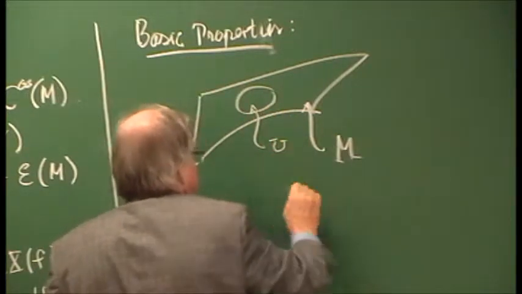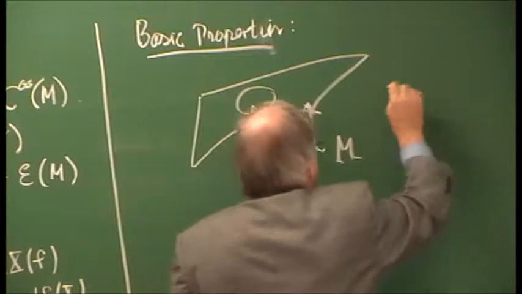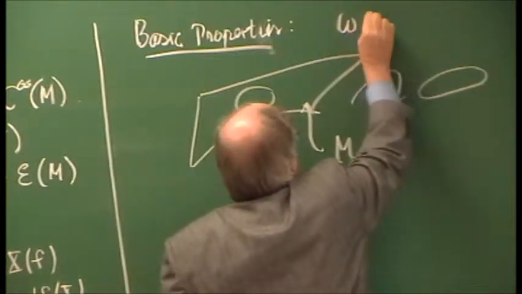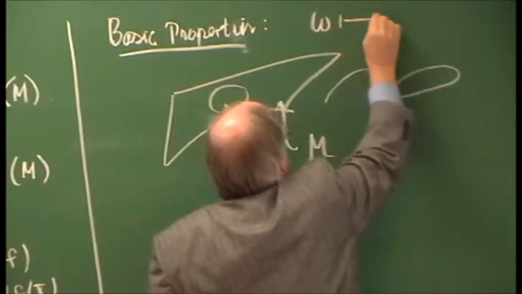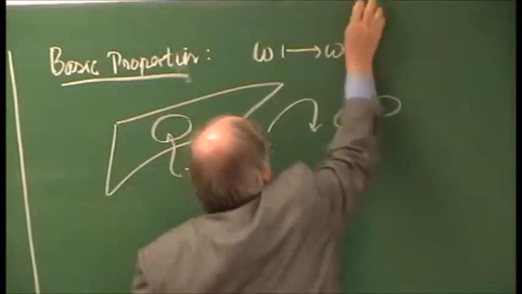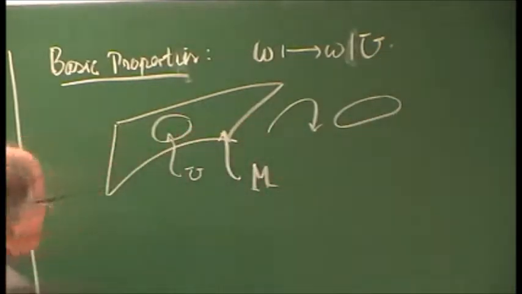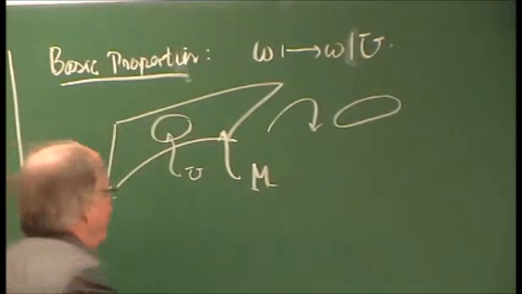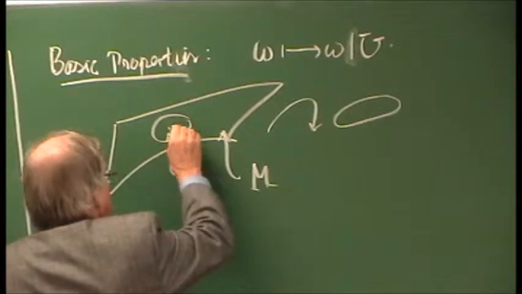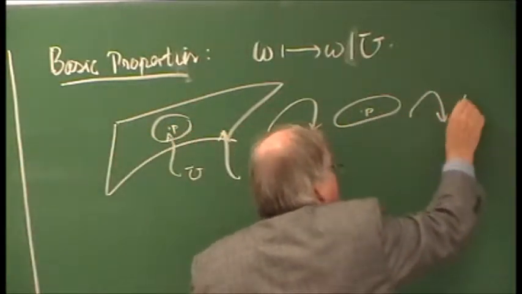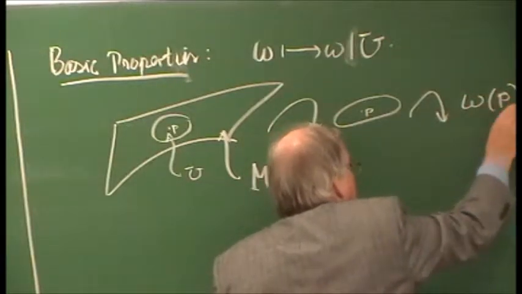Restriction makes sense, so omega can be restricted to the open set in the way we expect and want. I talked about that last time. But if you have a point here, for example, in a coordinate chart, you might want to even talk about omega at that point.